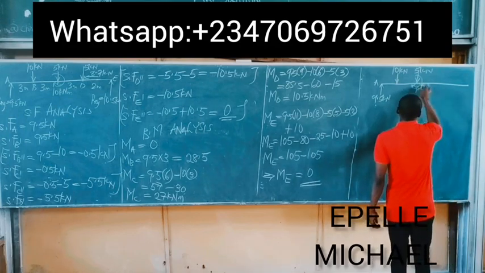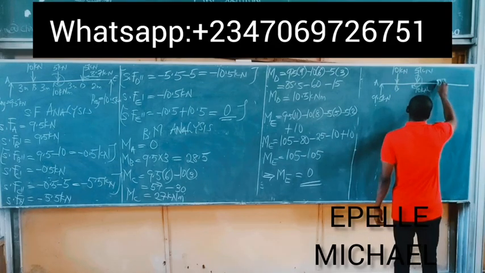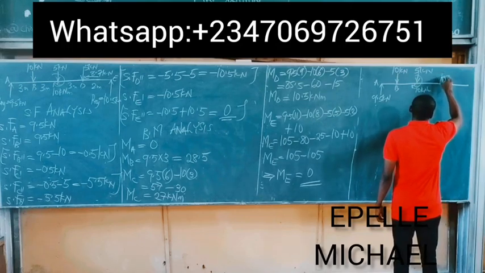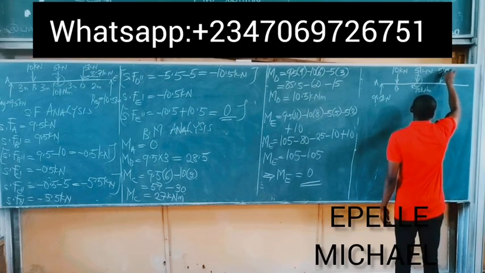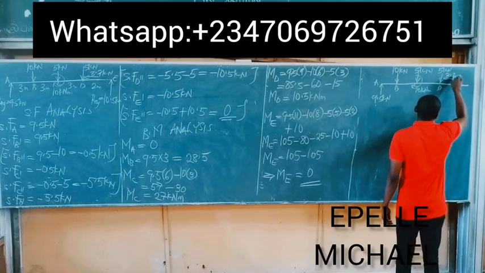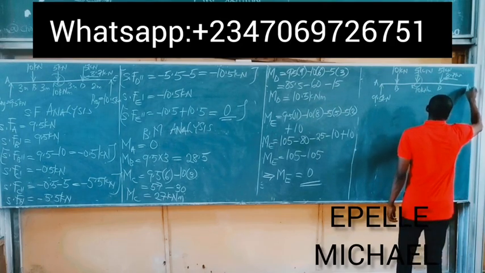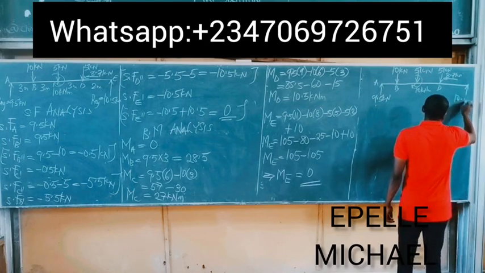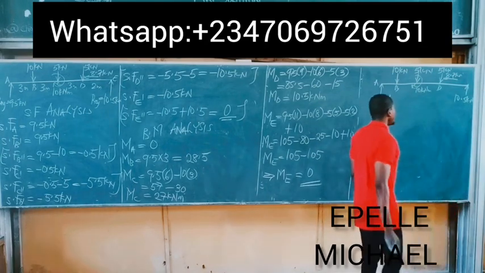At point D, we have a 5 kilonewtons force as well, and the horizontal force of 8.7 kilonewtons. And finally, at point E, we have 10.5 kilonewtons force.